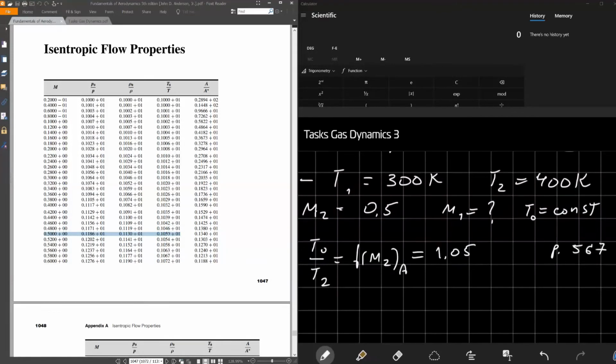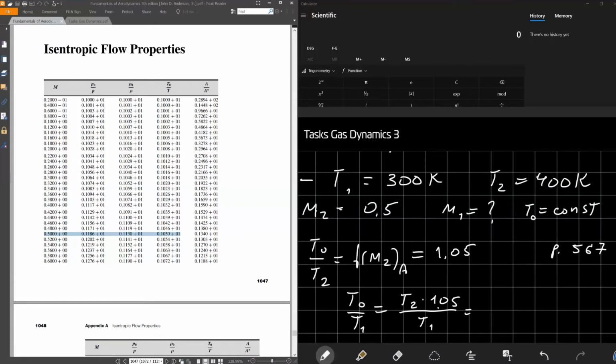Then I will use the left side, or the first point of my flow, point 1, and write that T0 divided by temperature 1 is some function, but for me that is not important. Now it's already calculated as temperature 2 multiplied by 1.05 and divided by temperature 1.